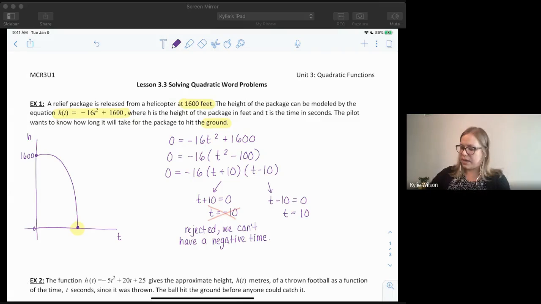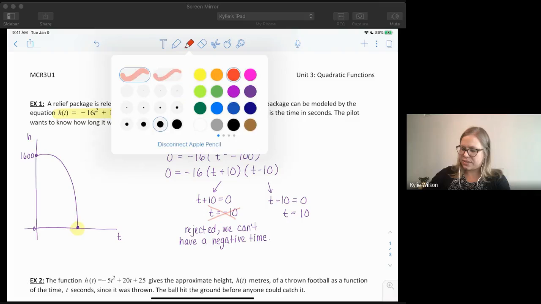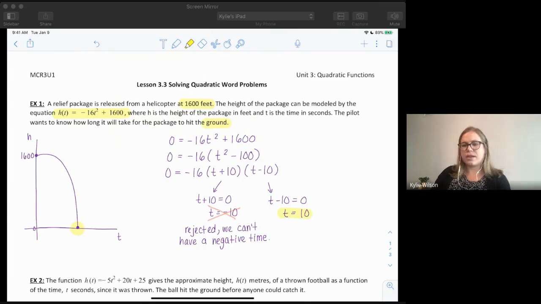So from there, we know that this is the answer that we're going to go with. So now we can just write a nice little therefore statement to sum up our answer. Therefore, the package will hit the ground at 10 seconds.